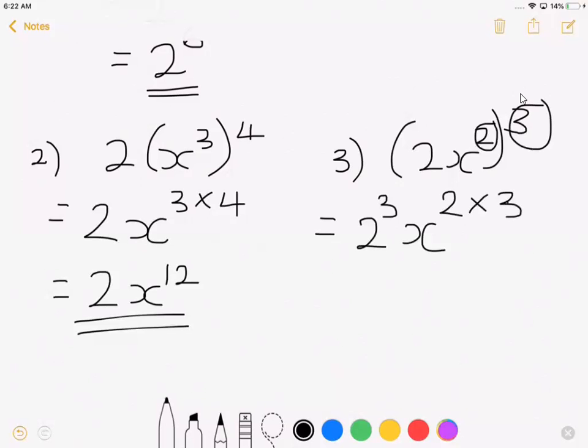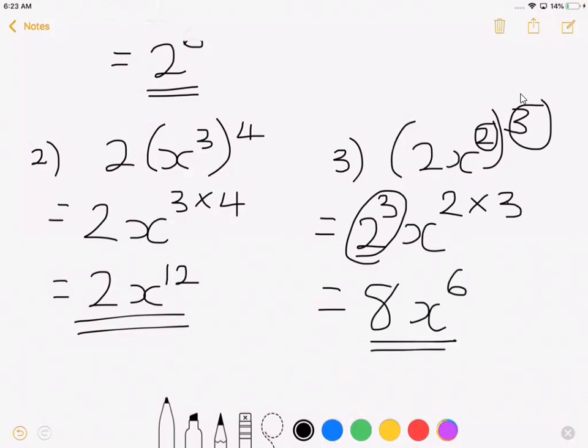Remember, 2 to the power of 3 is not 2 times 3. It's 2 times 2 times 2. If you check the first lesson, we explained the meaning of exponents. It means 2 times 2 times 2, which is equal to 8. And x to the power of 6. That is your number 3.